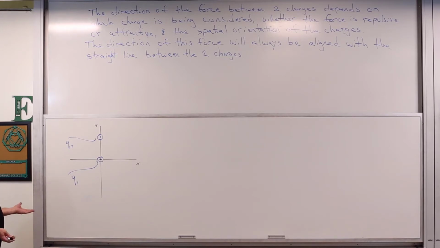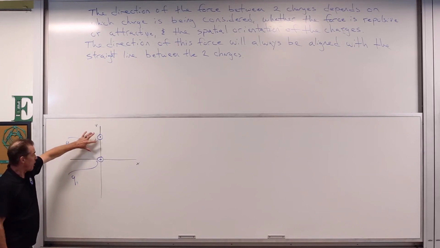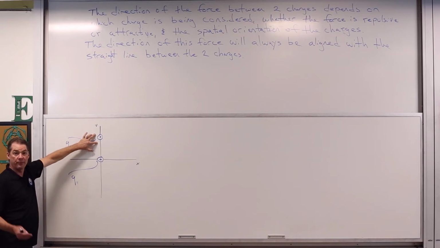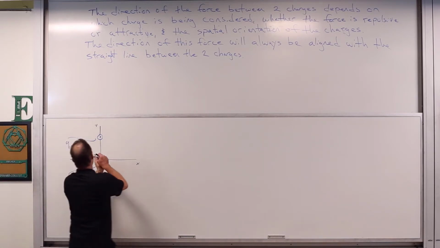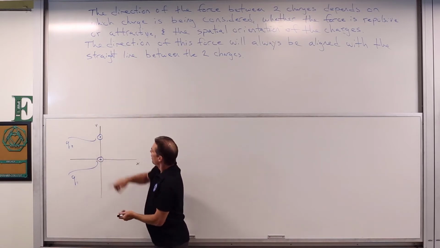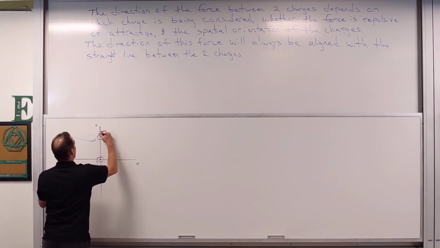All right, well, the direction of the force we're considering on the charge Q2. And then it comes into, is it a repulsive or attractive force regarding the other charge? Well, they're like charges, so it's a repulsive force. These 2 charges are pushing each other away. When we're considering this one, pushing it away is in this direction.